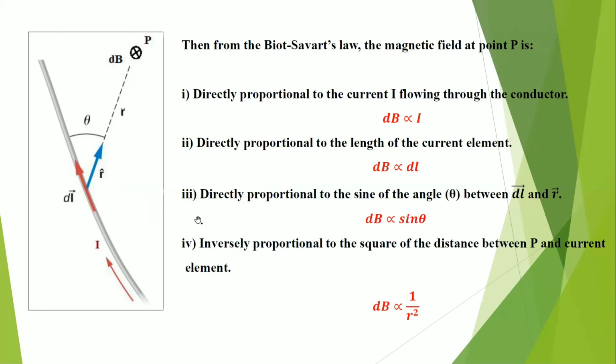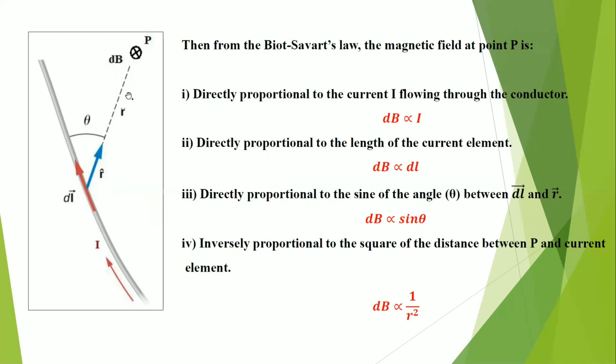The third: the magnetic field at point P is directly proportional to the sine of the angle theta between dl and r.